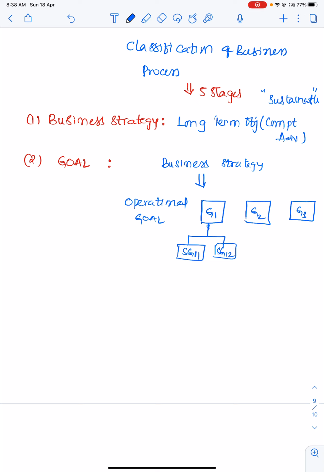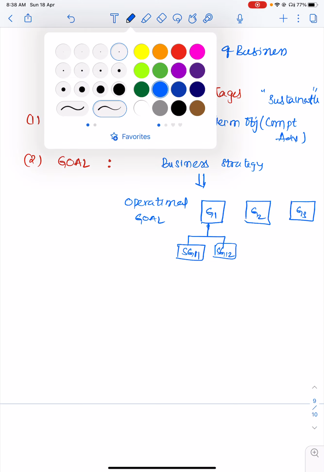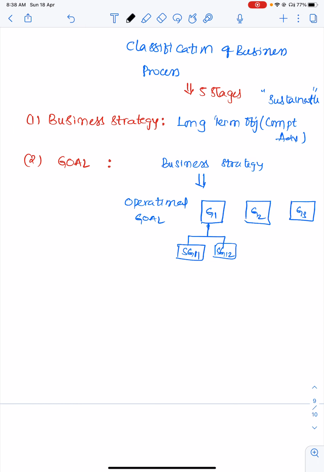For example, let us assume that my long term objective is to convert a $1 billion company to a $5 billion company. This is my long term objective. So how can I achieve it? By sustainable competitive advantage only. So I have to divide this business strategy into certain goals.